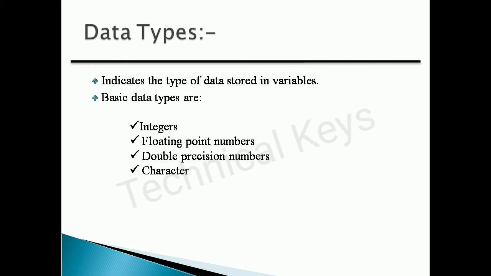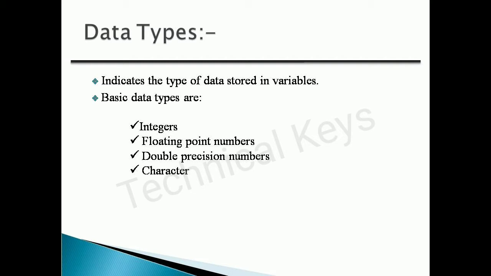Certain basic data types are integers, floating point numbers, double precision numbers, and characters. The examples given here are integers, floats, and characters. All these basic data types we will be using. Each data type has certain values which we can store.